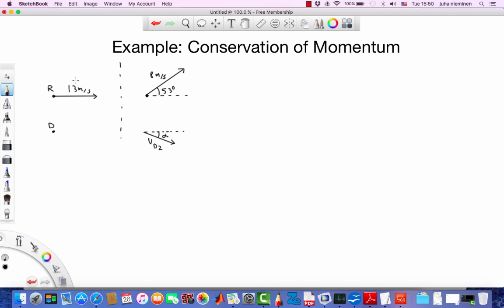First, let's make some notation. So the 13 meters per second, that's the velocity of Rebecca before the impact, and 8 meters per second, that's the velocity of Rebecca after the collision, subindex 2. And Rebecca's velocity has two components.